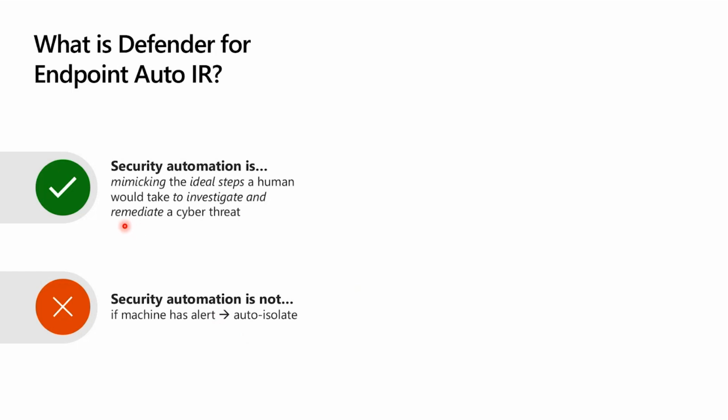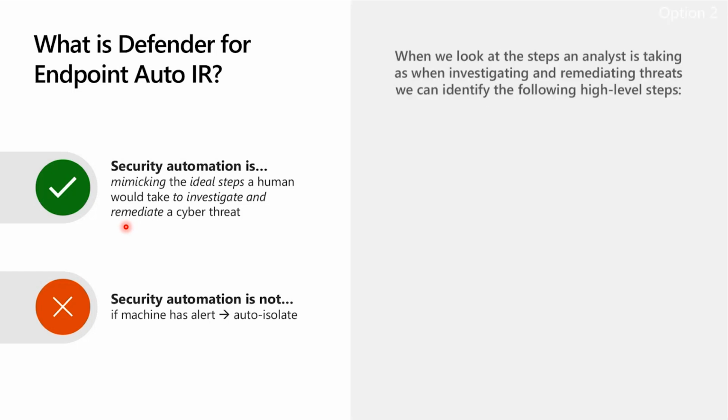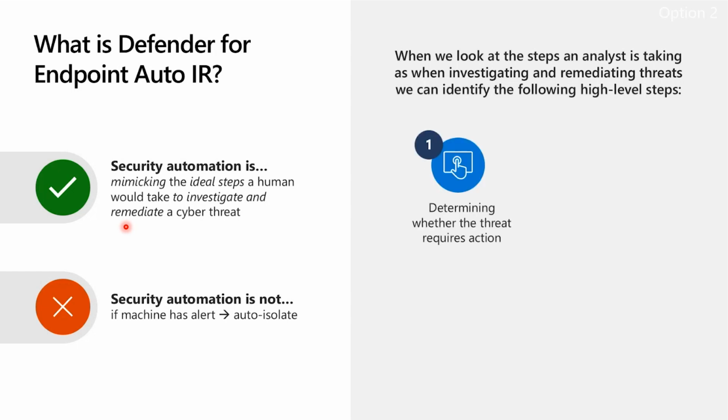So what this does is, AIR, or automatic investigation and response, mimics the ideal steps a human would take to investigate and remediate a cyber threat. So the idea behind this is, there's no point in just isolating the machine. Well, there is a point in isolating the machine from the network, but you don't learn anything from that.